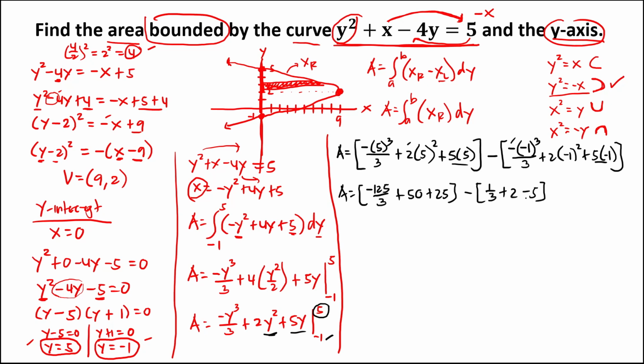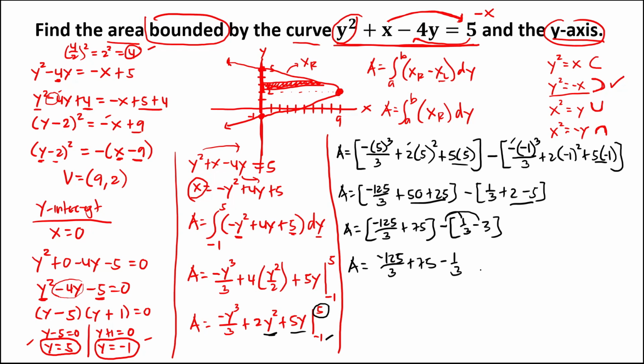Then area equals negative 125 over 3, plus 75, then minus 1 over 3 minus 3. Then we can omit the bracket, so this becomes negative 125 over 3, plus 75, negative 1 over 3, plus 3.